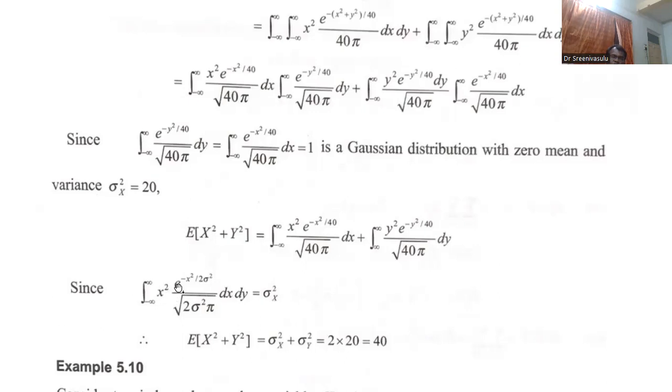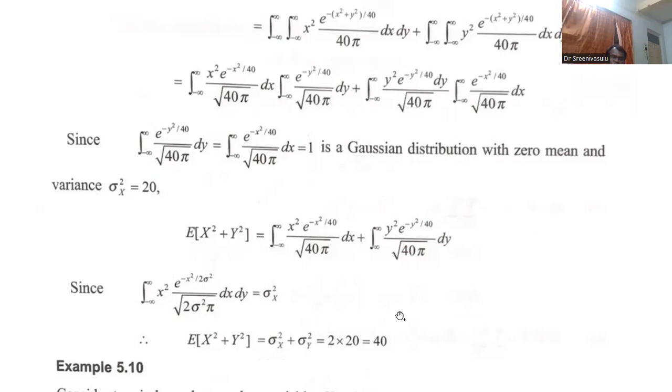In the general density function there is no x or x square, but here there is an x square. So we write it as sigma x square, and there is a sigma y square. So the expected value of x square plus y square is nothing but sigma x square plus sigma y square.